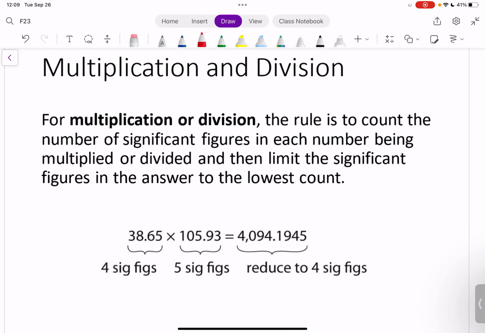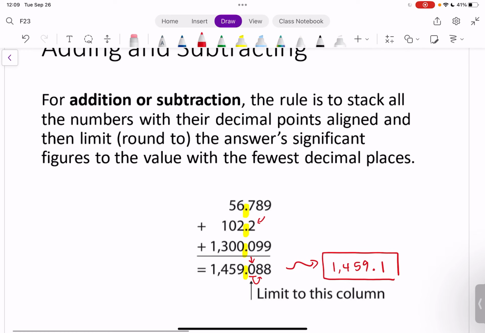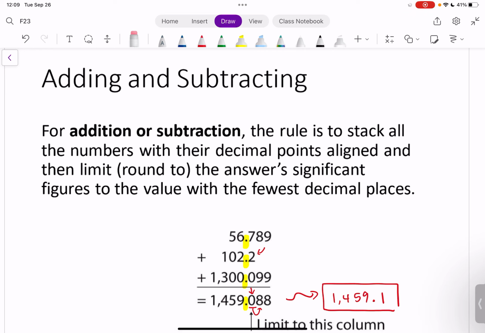All right, so one more rule. For multiplication and division, you want to count the number of sig figs in each of your numbers or your measured values, and then you want to round your final answer to the lowest number of sig figs. Okay, so up here, for adding and subtracting, we were rounding our answer to the fewest decimal places, to the lowest decimal place.